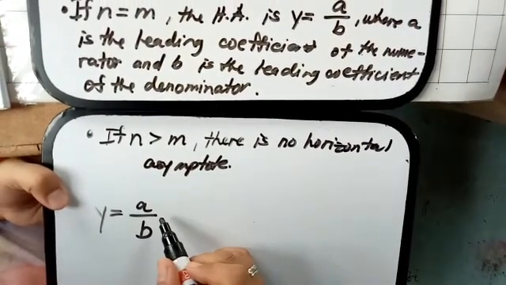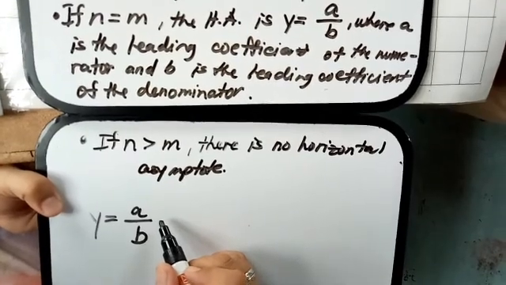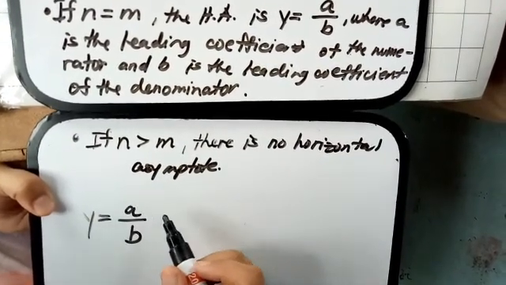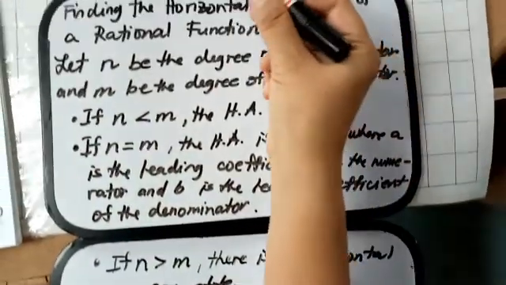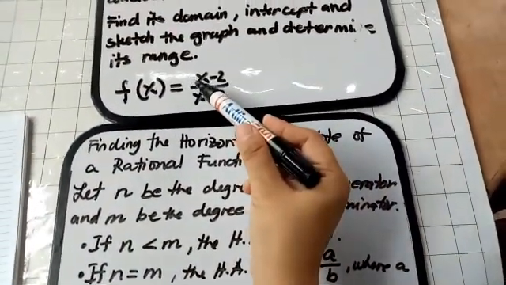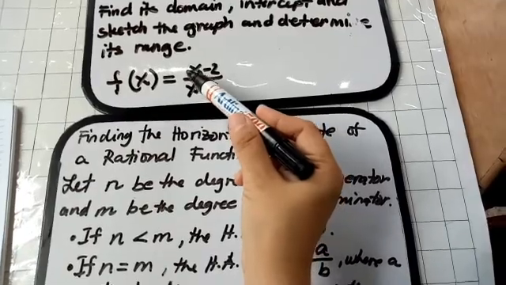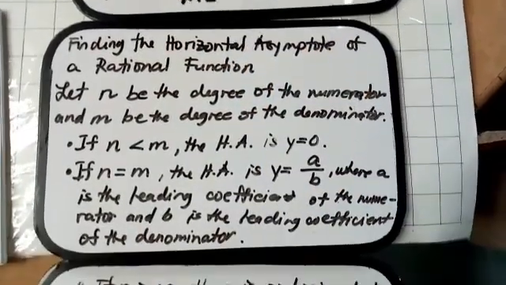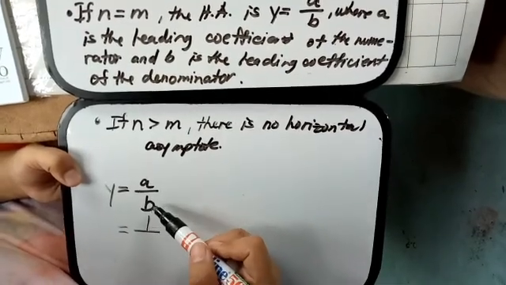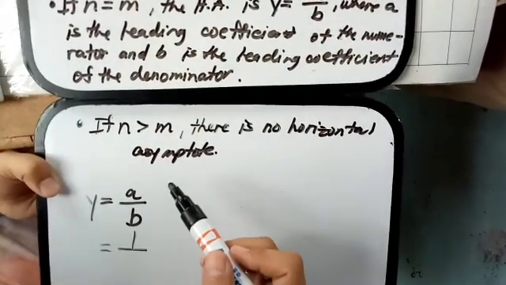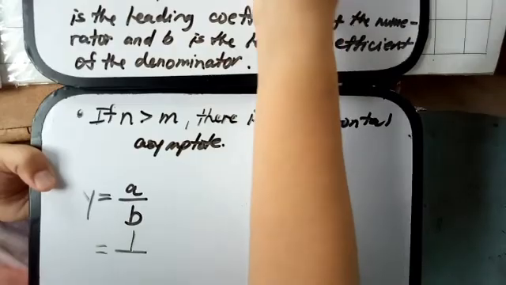Our a is the leading coefficient of the numerator, which is 1, since we have here only x. We will have 1 divided by b, the leading coefficient of the denominator, which is also 1.